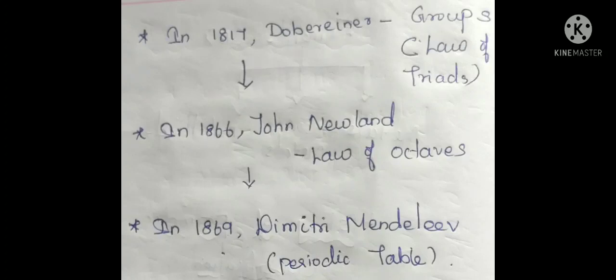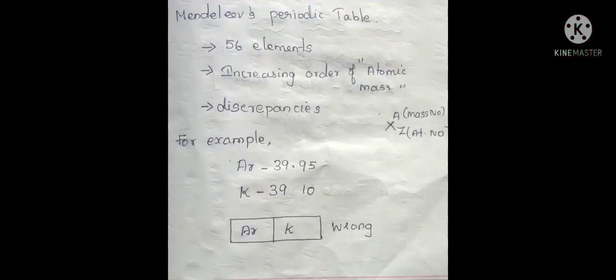Followed by the year 1869, Dmitri Mendeleev. Did you hear this name last year? Yes, in 1869, the Russian scientist Dmitri Mendeleev arranged all the elements in increasing order of their atomic mass.